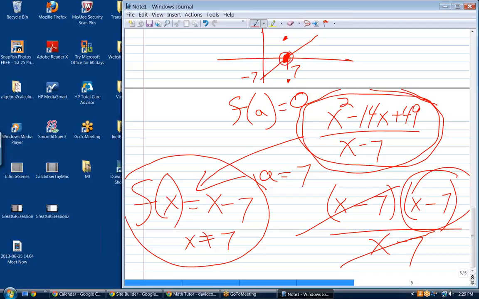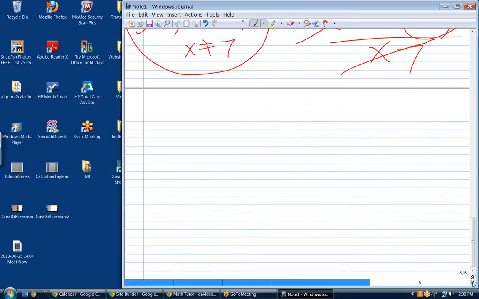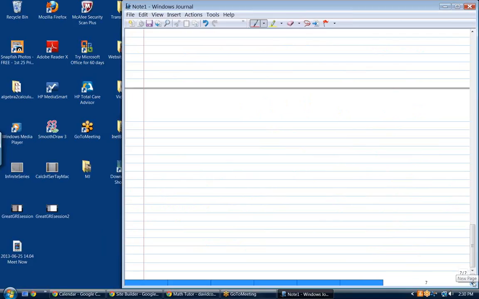In other words, this hole in my function occurred when x was equal to 7 and the function was equal to 0. So they're saying, okay, when you get to that hole, if you make that f of a equal to 0, it closes up that hole, and now you have a continuous function. I guess, but you've violated the domain.